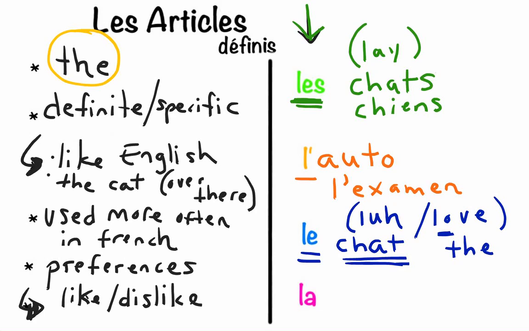So you're not memorizing that chat means cat, you're memorizing le chat means the cat. And that way you'll remember that chat is masculine and it must go with le. Should not go with la. Okay, it's not la chat, it's le chat.